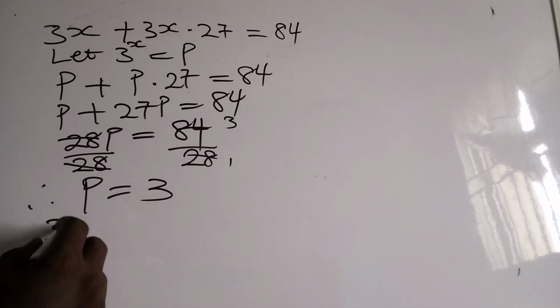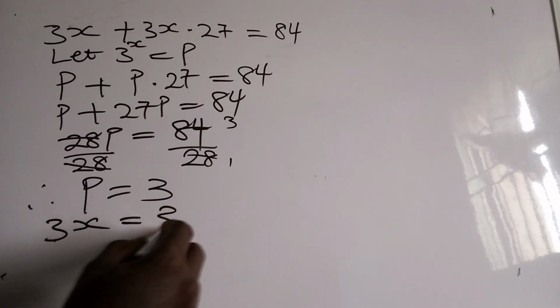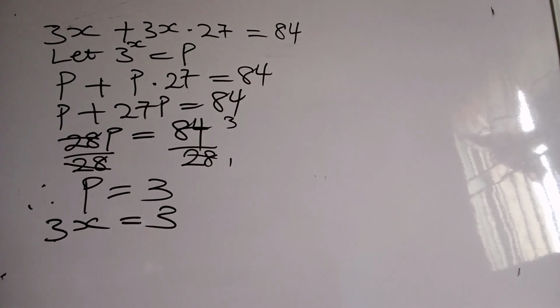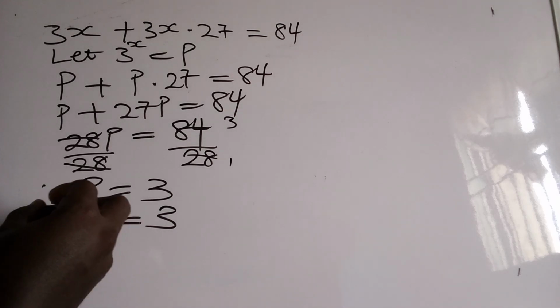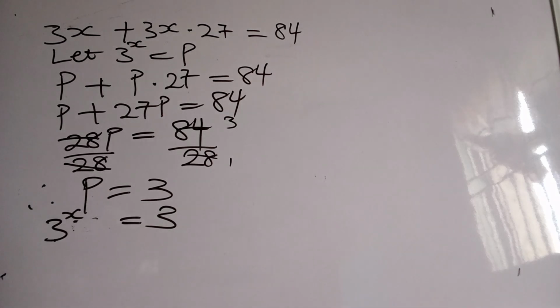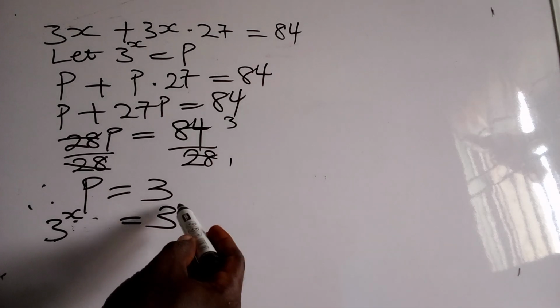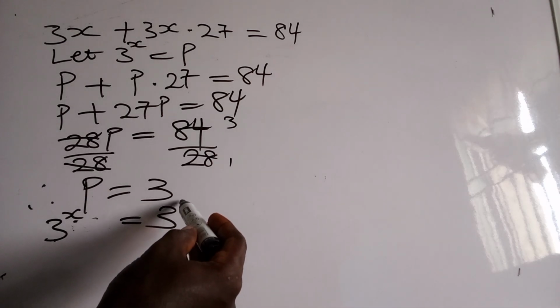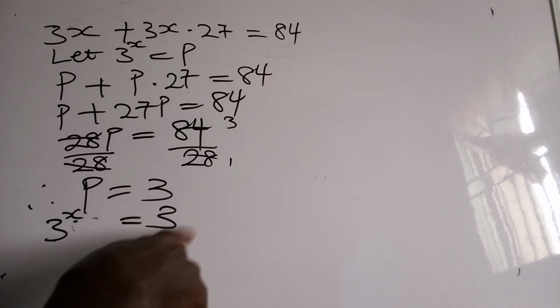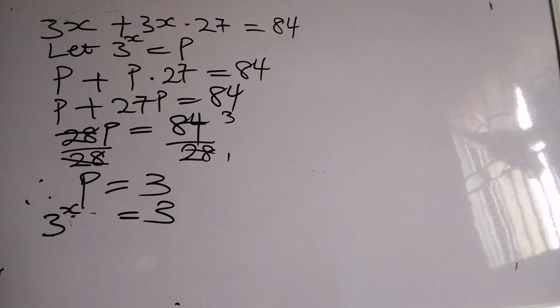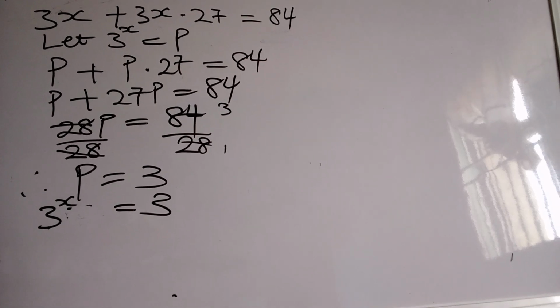Let's say 3 raised to power x equals 3. So automatically this one has the power of 1, but it's not always written, because any number raised to the power of 1 is that number.